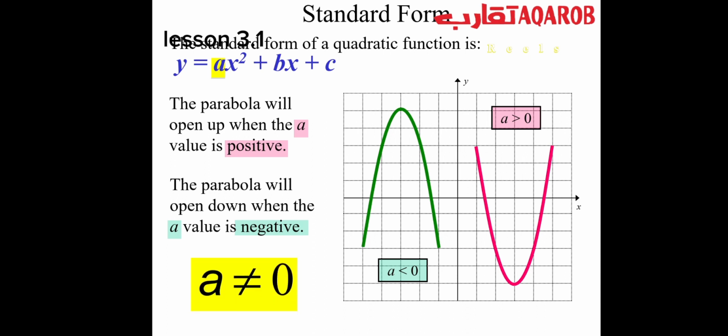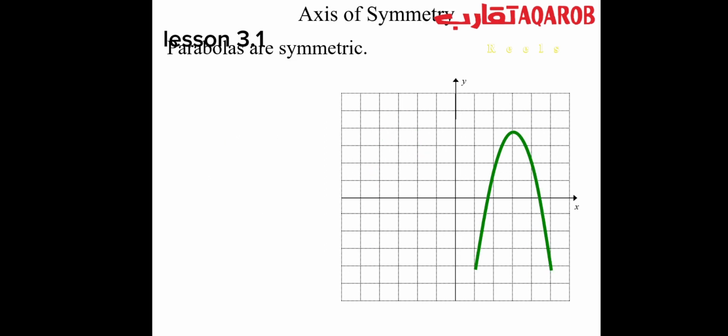A mustn't be equal to 0, because if a is equal to 0, we don't actually have a quadratic term, so it will be a linear function, not a quadratic function. So make sure that a mustn't be equal to 0.